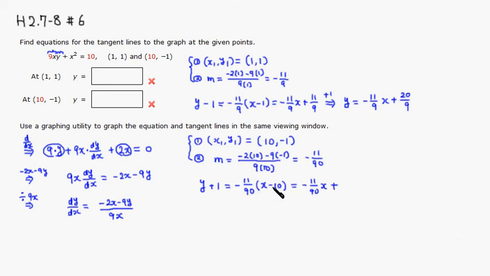So 11 over 90 times 10 is 11 over 9, because the 10 cancels out with the 0. Then we subtract 1 from both sides. You get y equal to negative 11 over 90 x, then subtracting 1 means subtracting 9 over 9, so it's plus 2 over 9. So let's check the answer.